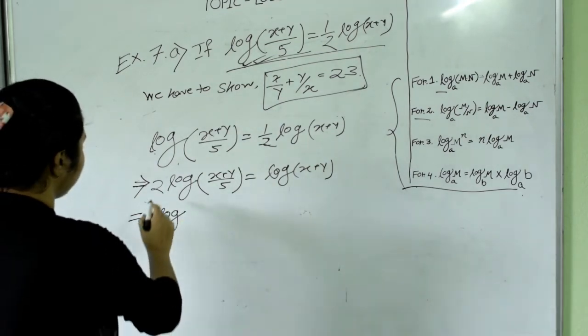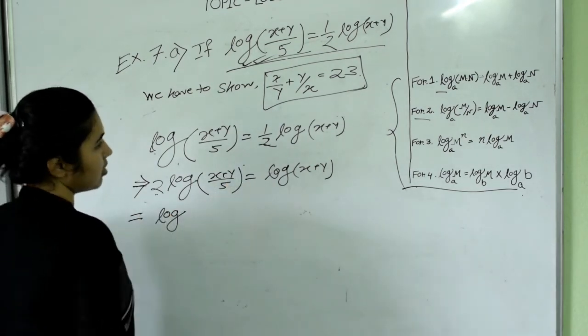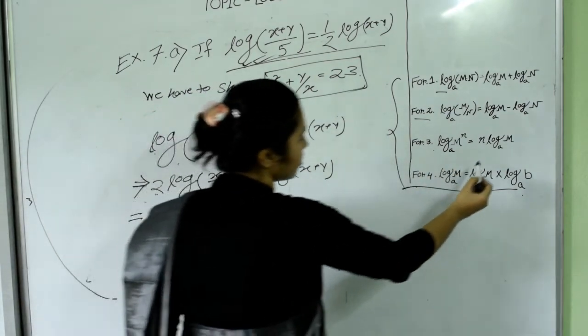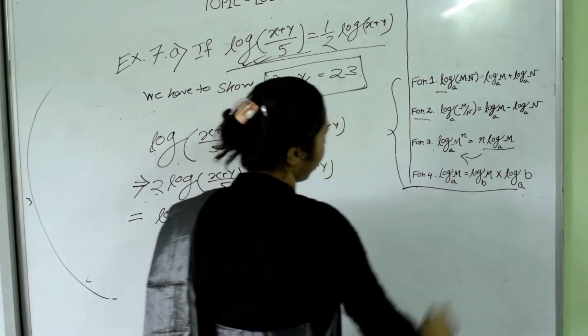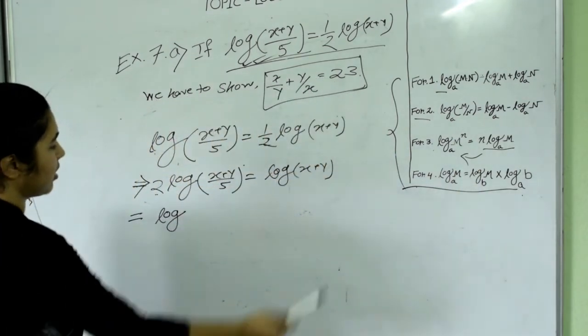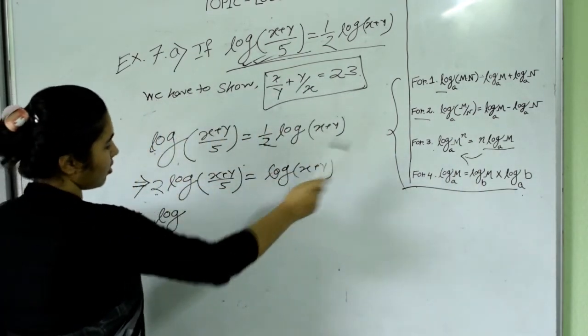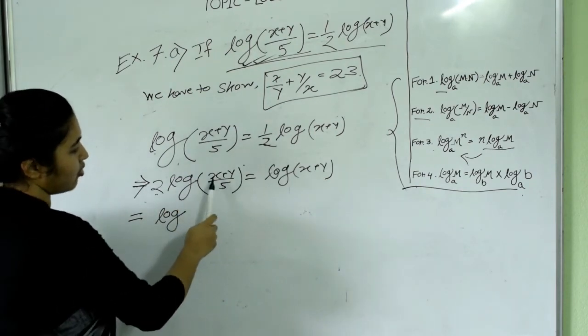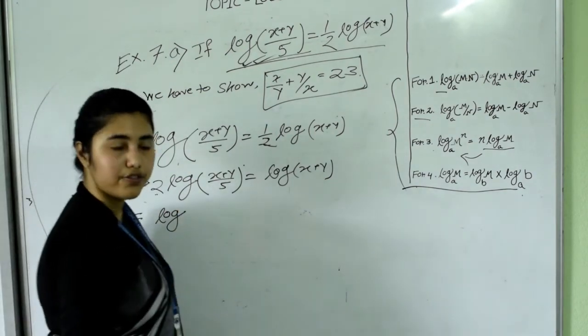This is log. Now take this 2 as power by formula 3. Suppose this is given, write this form. Here n is 2, log base is not given, that means base is 10, and the value is x plus y divided by 5.